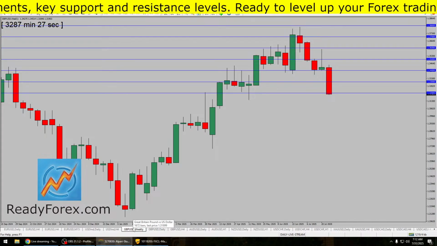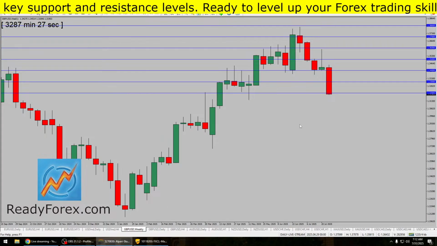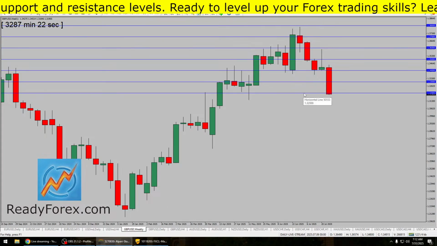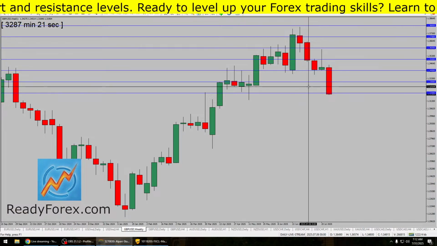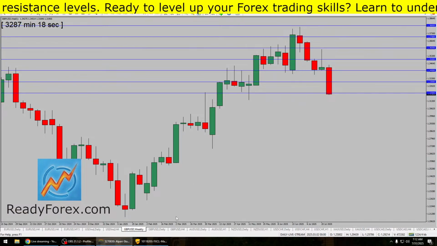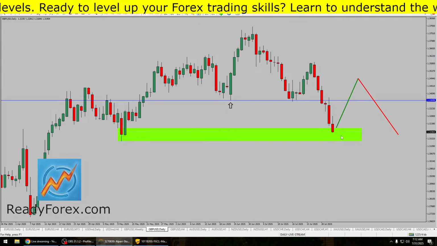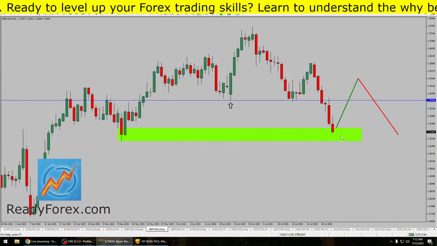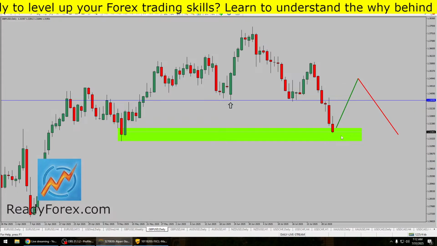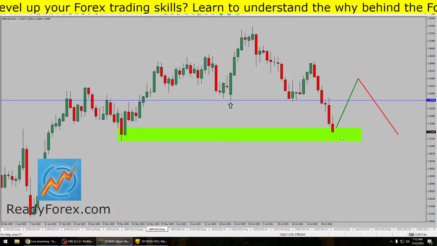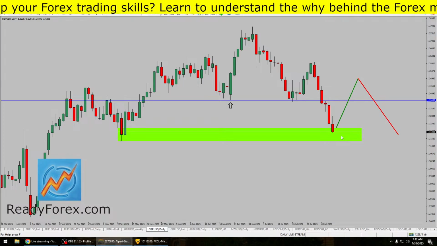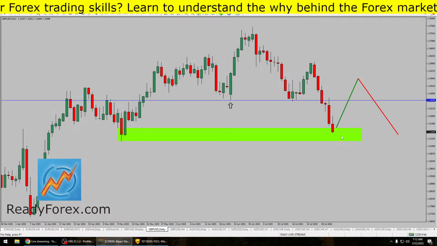Let's go to the pound. The pound is going down as well. It has taken out all of these round numbers. Now it's hitting this buy zone area, this green highlighted area. This is the buy zone over here, and you can use trade setups.